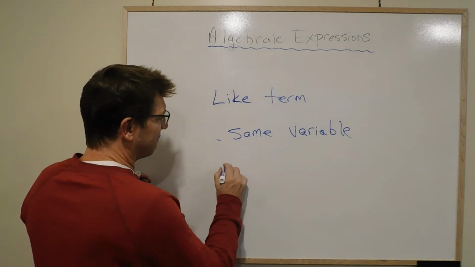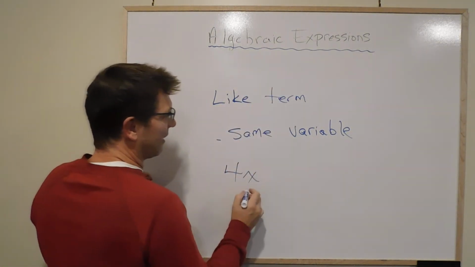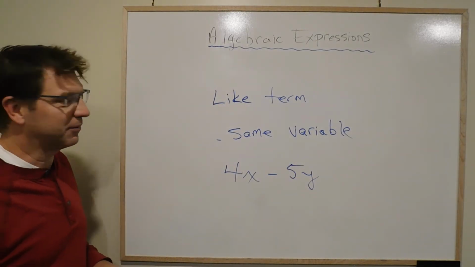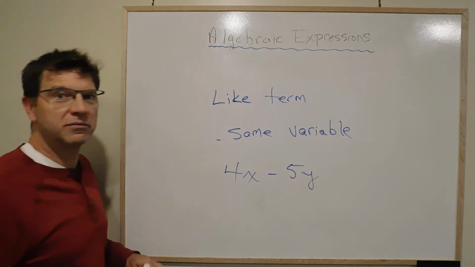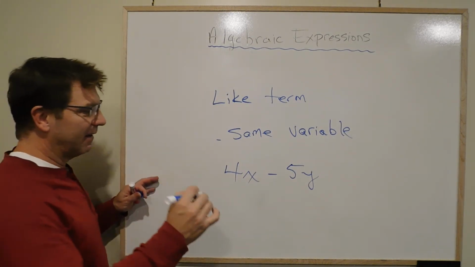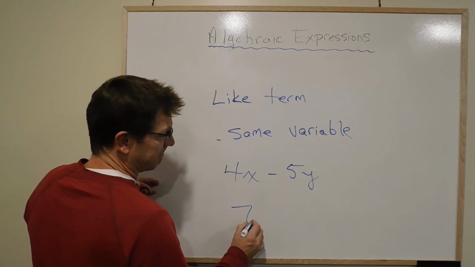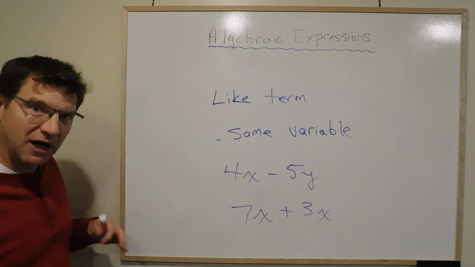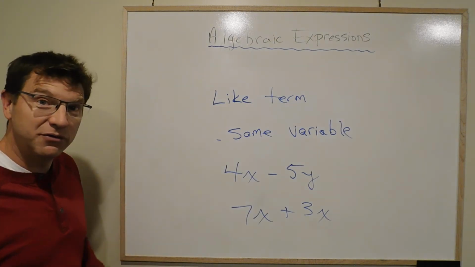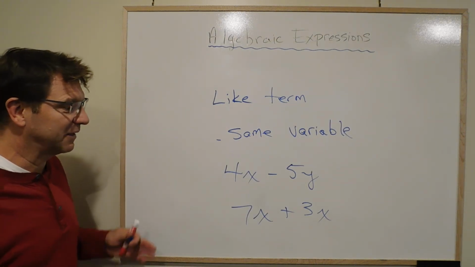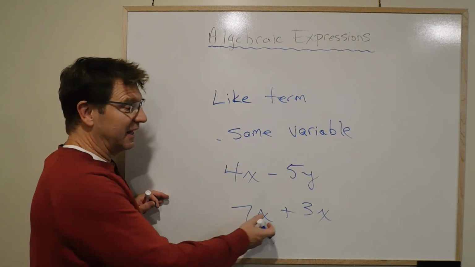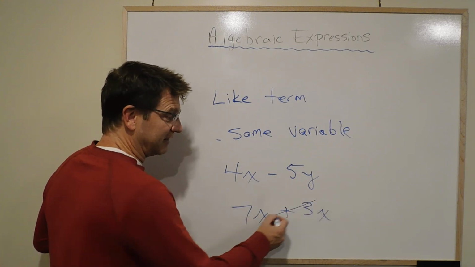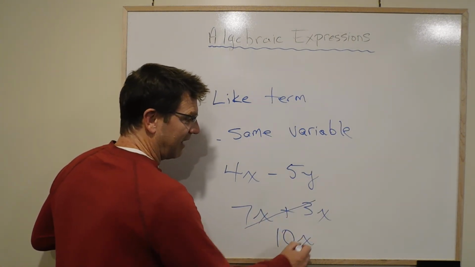So if I have 4x, we started with that other one, minus 5y, these are not like terms. Same variable? No, not the same variable. If I do 7x plus 3x, those are like terms, and we can do something with them. Literally we can say, I have 7 x's and 3 more x's, so instead of writing 7x plus 3x, I could say that's 10x.